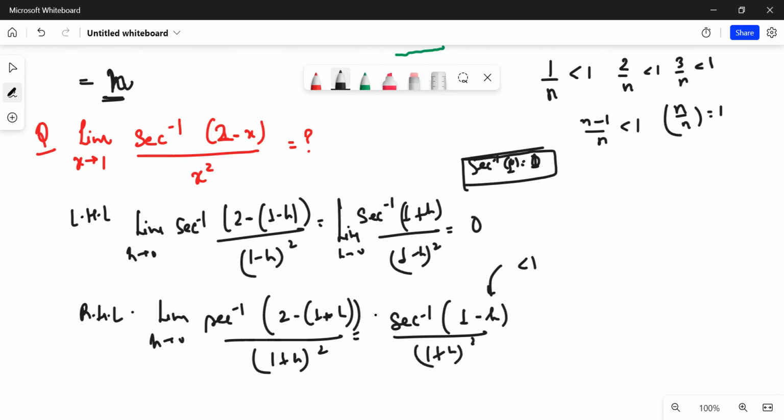Since you are slightly less than 1, and I have told you that because secant x is always greater than equal to 1, this particular limit will not be defined.